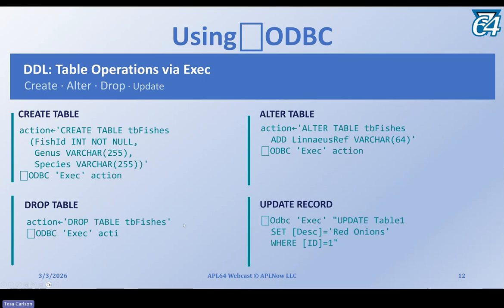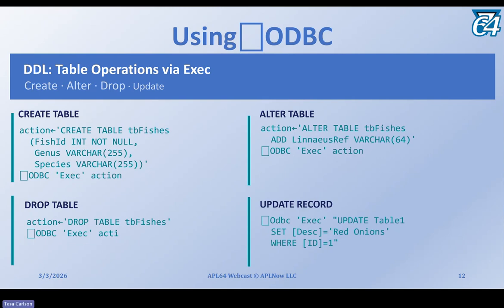Now you can use the exec action to define and manage the structure of the database. The DDL commands deal with creating, altering, and deleting database objects like tables, schemas, and indexes.